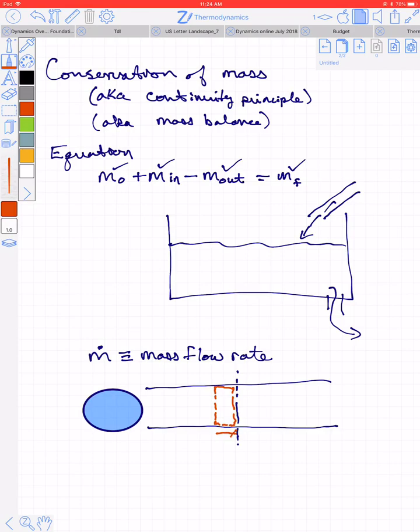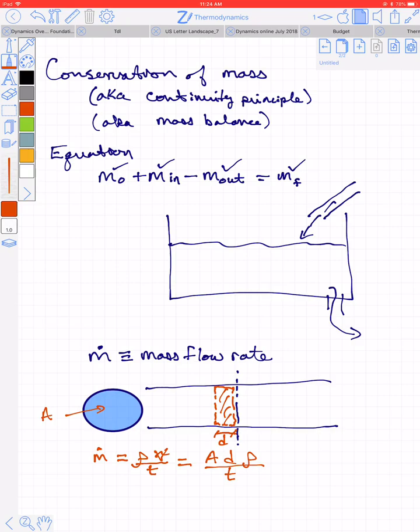Let's give this chunk some dimensions, maybe some thickness D. It's got a cross-sectional area A, and so mass is going to be density times volume. Mass flow rate will be density times volume divided by time. Well, the volume of our chunk here will be its area times its thickness. And we multiply that times density, and we divide by time.